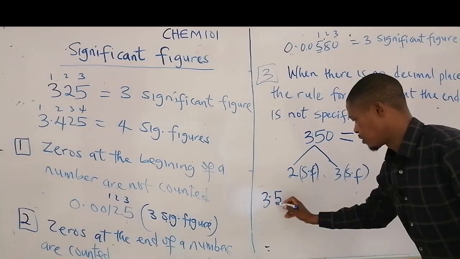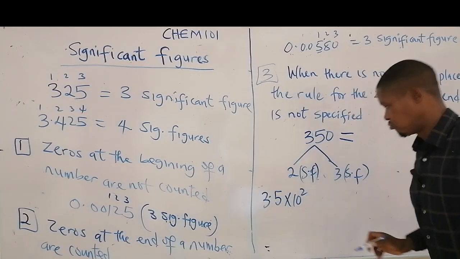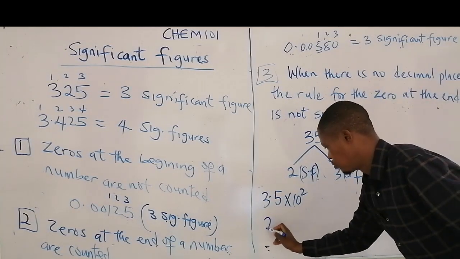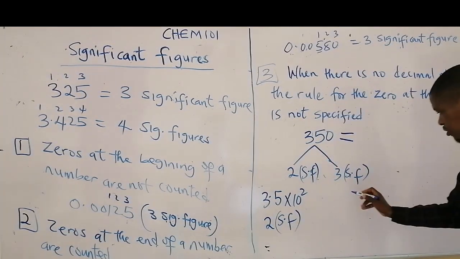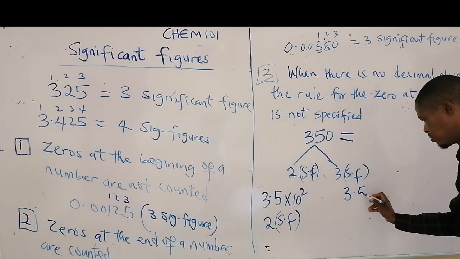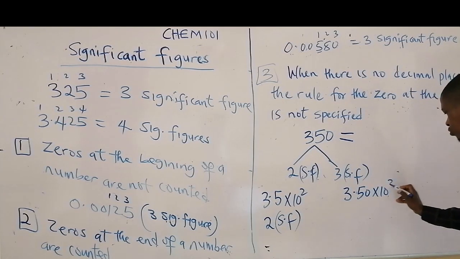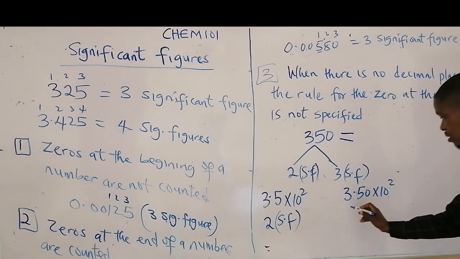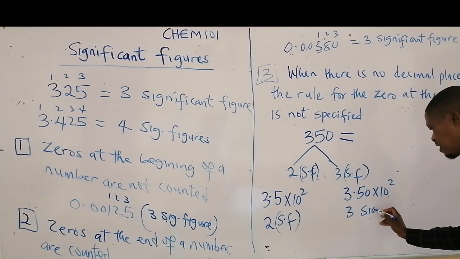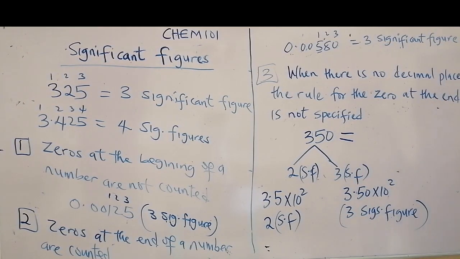This could be 3.5 times 10 to the power 2, which is 2 significant figures. It's also correct as 3.50 times 10 to the power 2. In this case, this is 3 significant figures. So these are the 2 scenarios you can have.